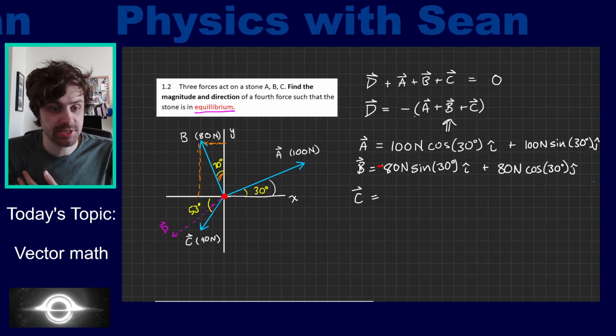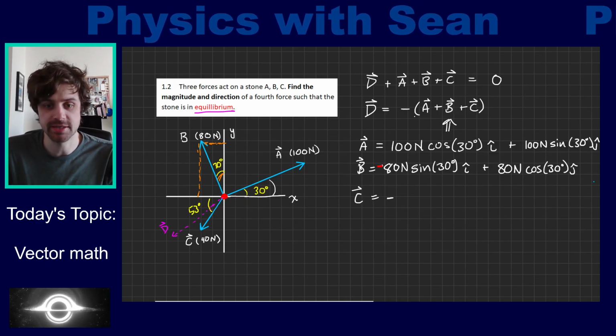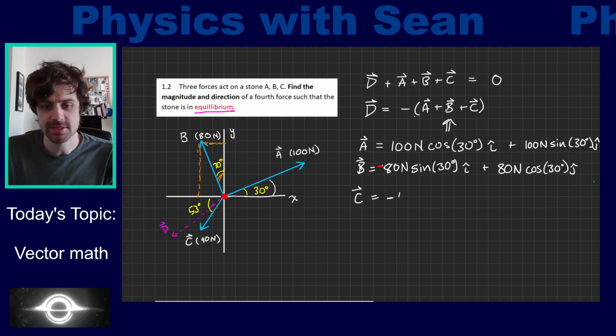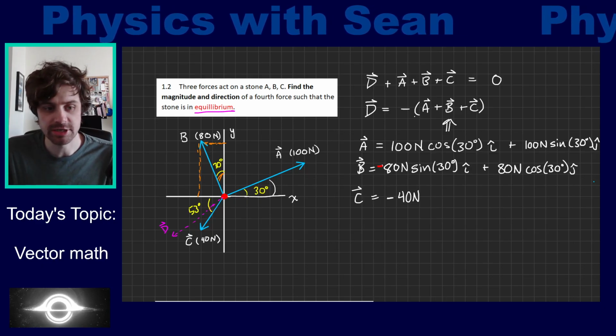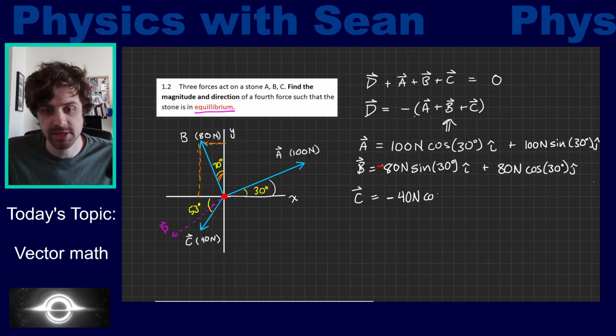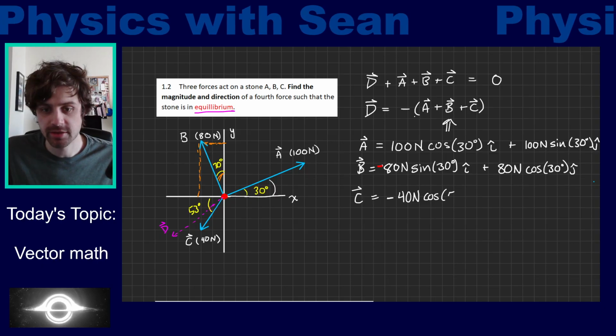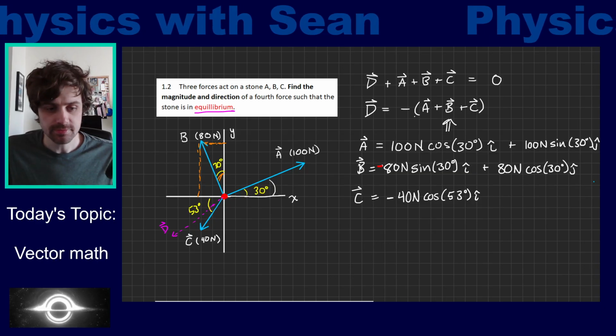Similar thing for vector C. We see vector C is going off to the left too, so it's got to have a minus sign in front. Then otherwise it's a similar idea: the magnitude, which is 40 newtons, times the function that isolates the horizontal component, which is going to be cosine of the angle that they give us, 53 degrees, the i hat direction.